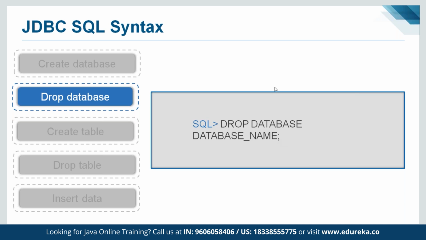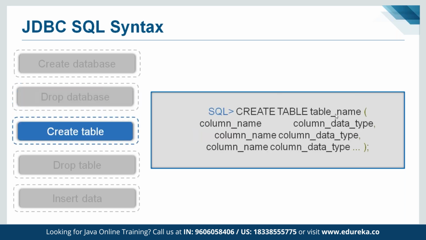If you want to create a table, create table, provide the table name, say employee, provide the column data types. What type of data can be stored in that particular column? The second column, what type of data can be stored in that? Third column, what type of data can be stored in that?